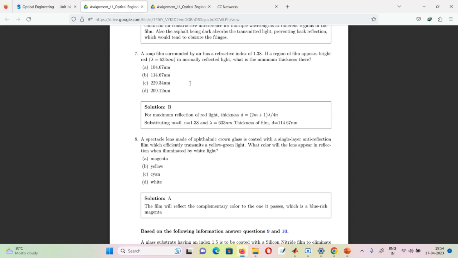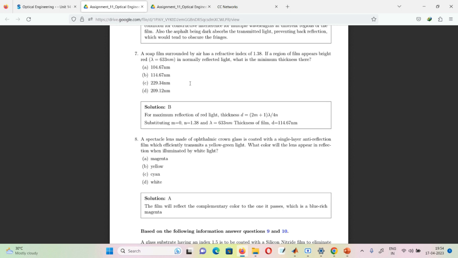If I am framing a question this way: a soap film surrounded by air has a refractive index of 1.38. If a region of the film appears bright red in normally reflected light, what is the minimum thickness there?